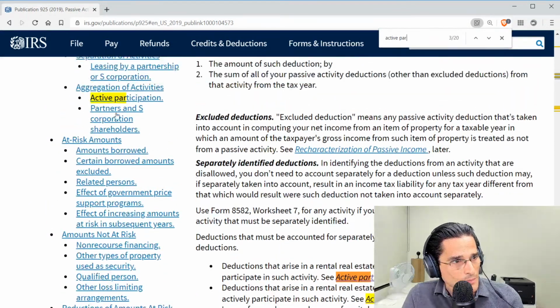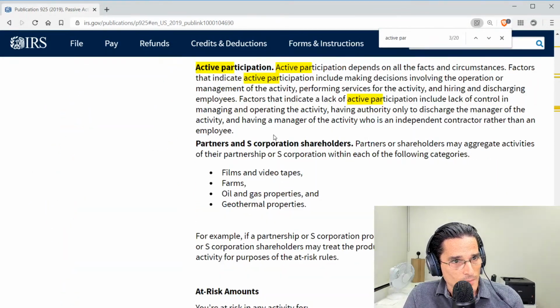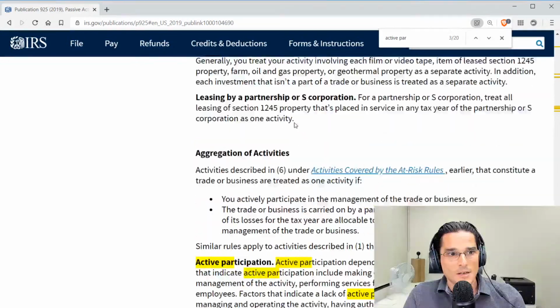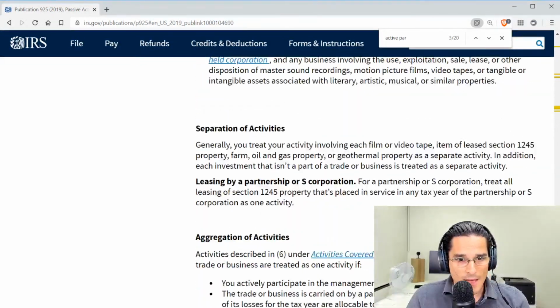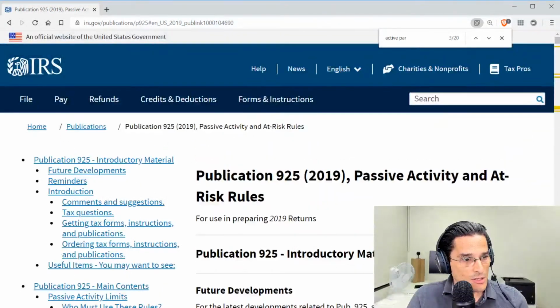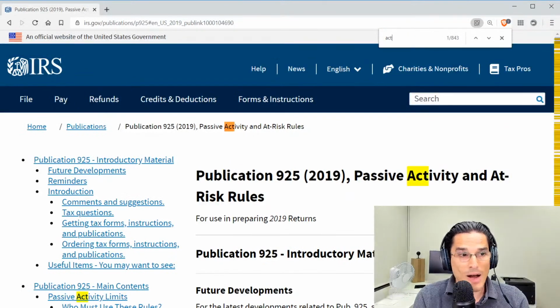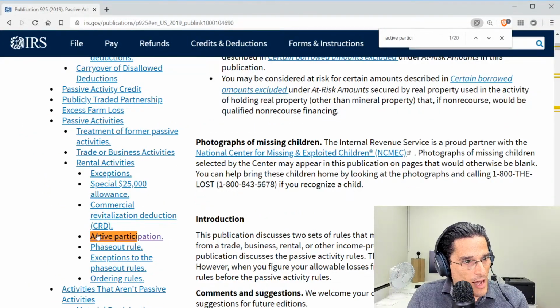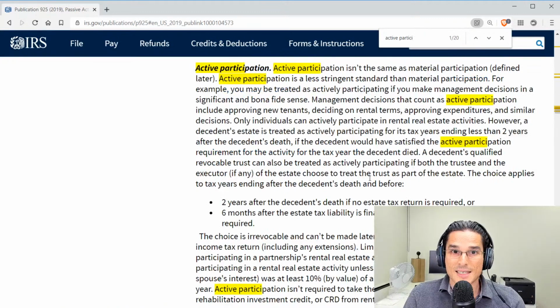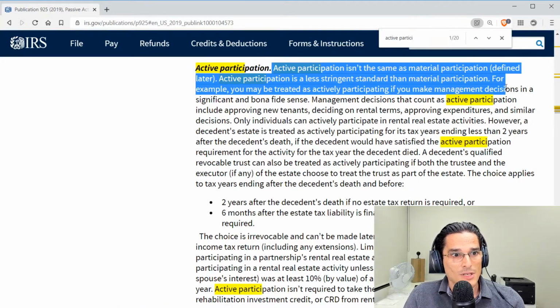All right, so active participation basically means that you are making decisions on behalf of that property. Now, let's take a look at the exact definition. You may have actively participated if you make management decisions in a significant bona fide sense.